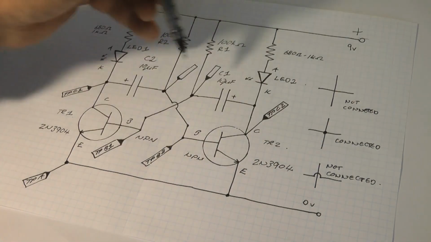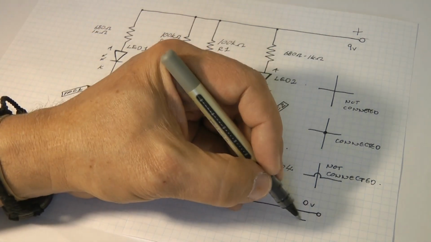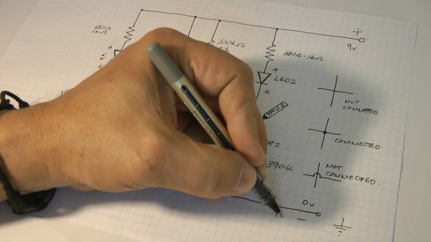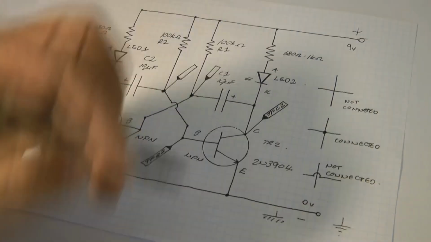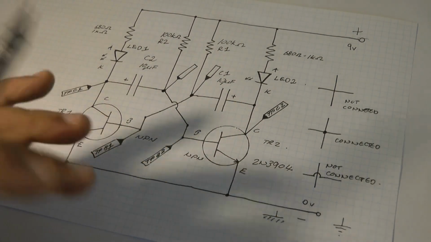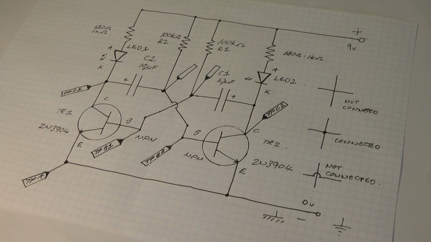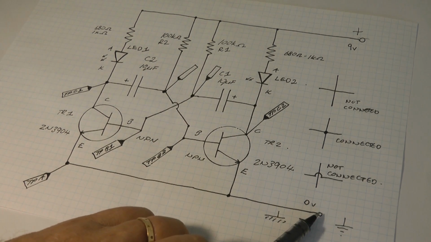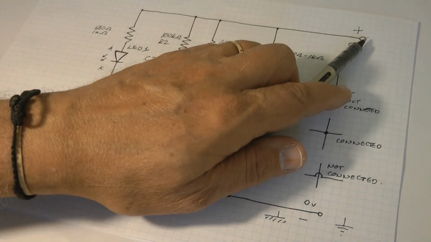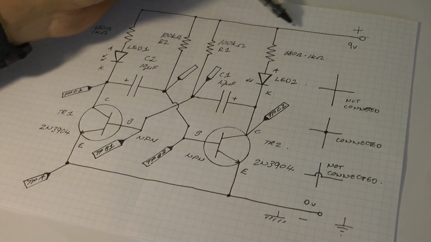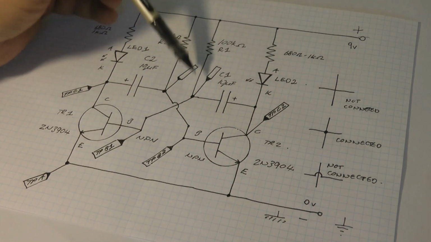Conventional current, it's going to want to come to minus or 0 volts, or sometimes represented as earth. Okay, so that's the normal route that electricity is going to want to follow. We also know that electrons flow from 0 volts or ground or minus or earth. Electrons will want to flow up to plus. But for now, suffice it to say that the current starts to flow through these resistors.